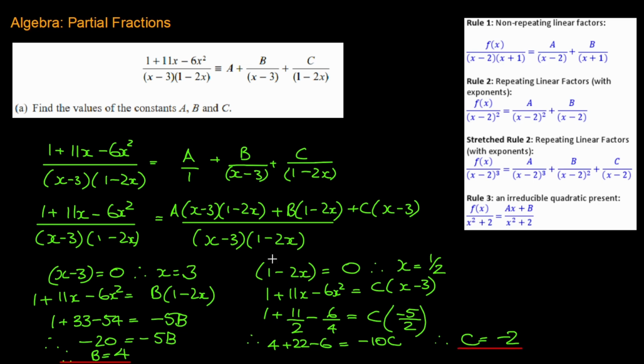That's just by selecting x to be a convenient number so that we can obliterate certain terms in our very long expression here. Now, what about a? Well, if you look at this multiplication here, this is the only multiplication in the entire numerator on the right-hand side that generates x squared. And this must be equal to the coefficient of x squared on the left-hand side of the equation.